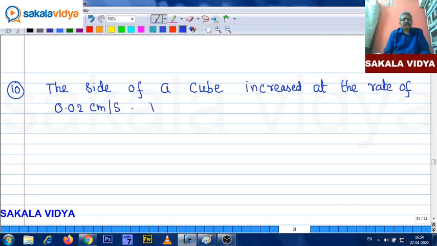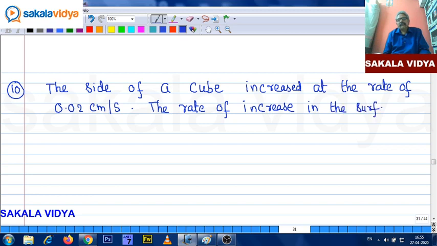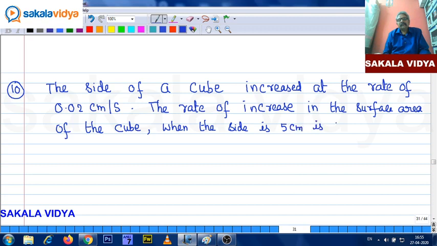The rate of increase in the surface area of the cube when the side is 5 centimeter is, this is the question.